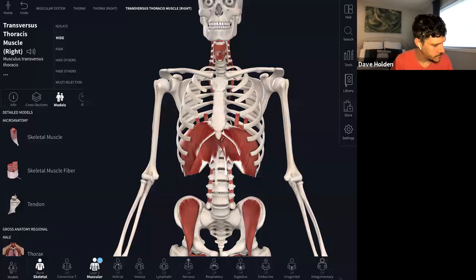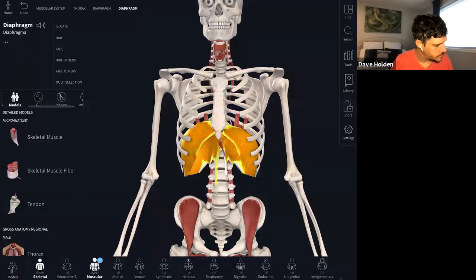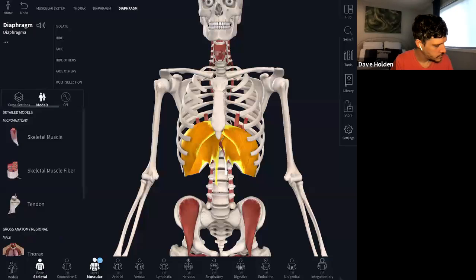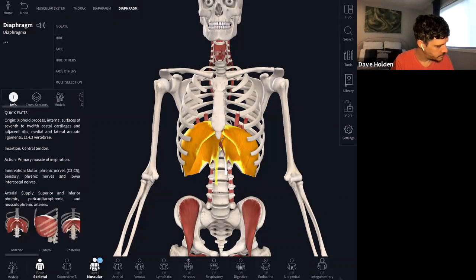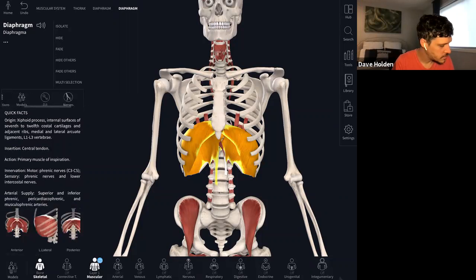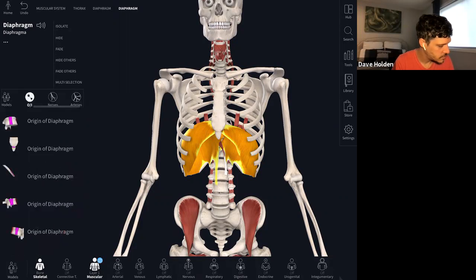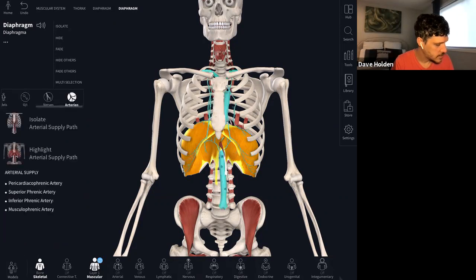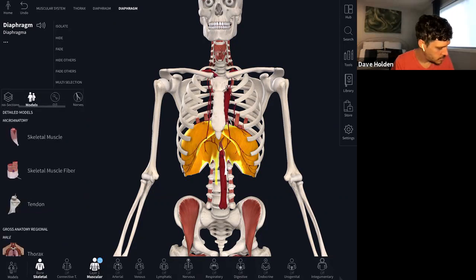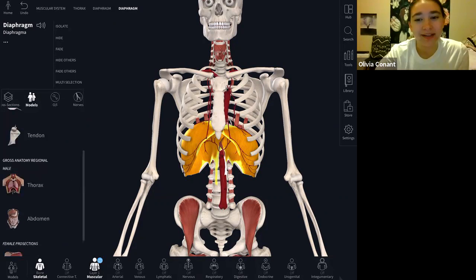This one does not have an action. Cross sections, models, origin, insertion, nerves. Nope. It lists all the info for me, but it does not give me the action. But it's like the coolest one.